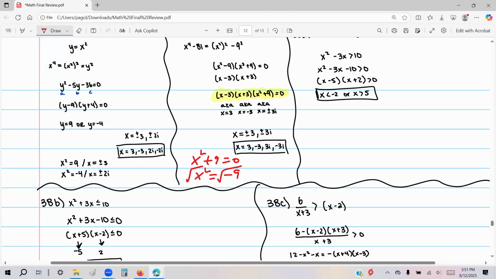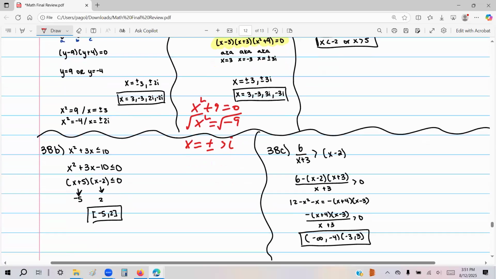Take the square root, you get x equals plus minus 3i. So if it's a perfect number, you get a whole number back. But if it's not a perfect number, like the question you have in the in-class exam, you leave your radical alone with the i and plus minus.